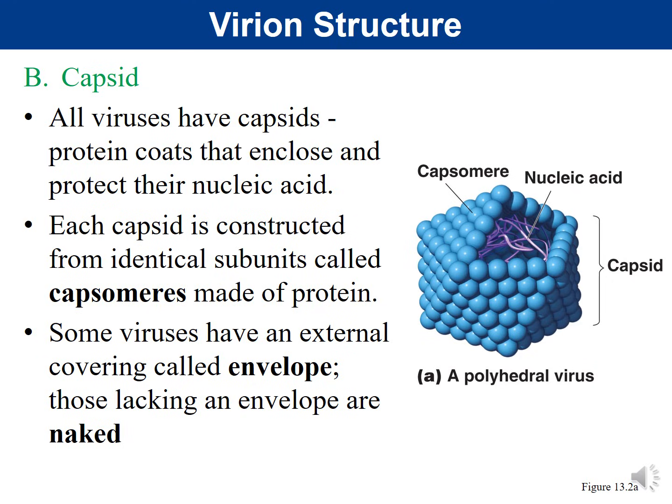So if we look at the capsid, it is found in all viruses. And again, it's this protein coat that encloses and protects their nucleic acids. Each capsid is constructed from identical subunits called capsomeres. And these capsomeres are made of protein, and they are these repeating subunits.